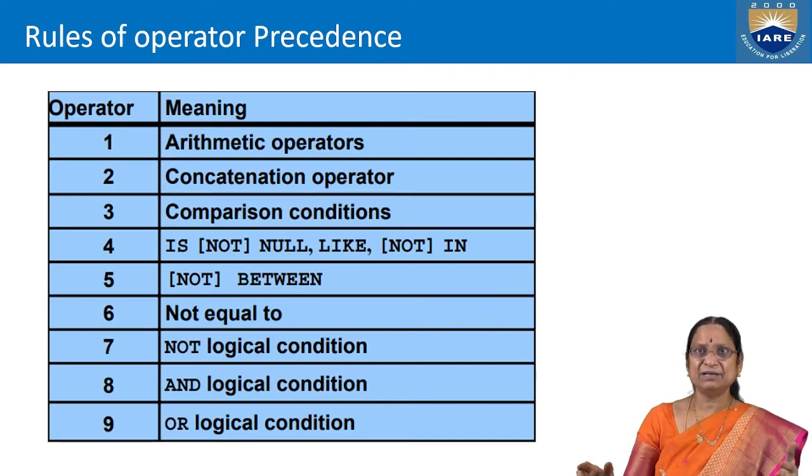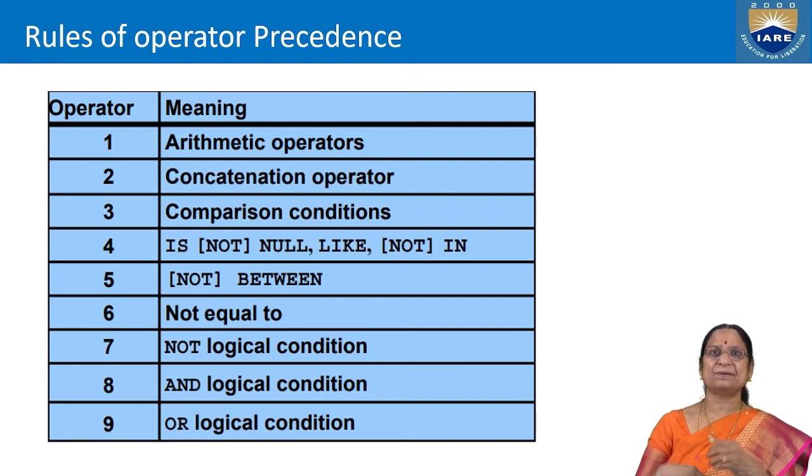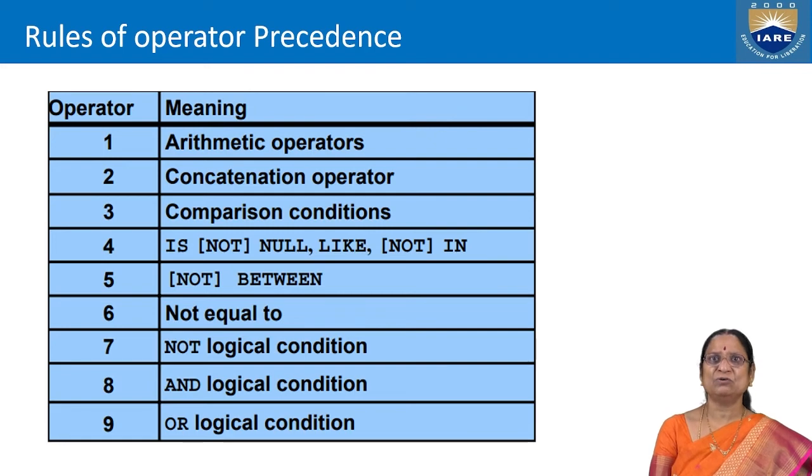So various arithmetic operators, logical operators we discussed. The rules of precedence are the same as in any other languages and mathematics, which we will follow. First arithmetic operators, then concatenation operators, comparison operators, IS NULL, LIKE, BETWEEN, NOT EQUAL, NOT logical conditions, AND logical conditions, OR logical conditions.